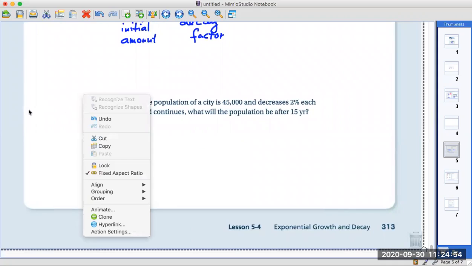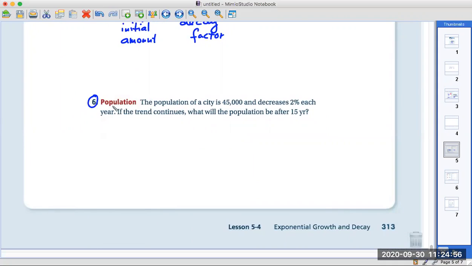And now let's do one more problem, number 6, population. Population is very good about growth or decay. The world population is doubling every 40, 50 years.